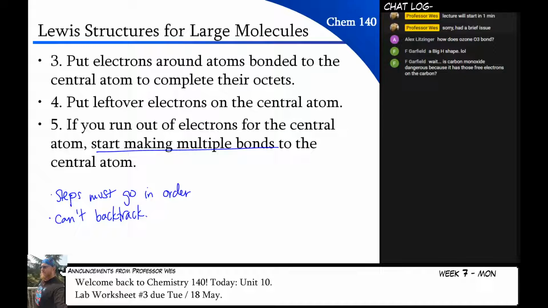So if you do the steps out of order, I guarantee you'll get the wrong Lewis structure. So be careful. Do step 1, then do step 2. If you are ever at a point where you cannot do a step, you go to the next one and you don't turn back. For instance, maybe you don't have any electrons left over for step 4. You skip it, you go to step 5.